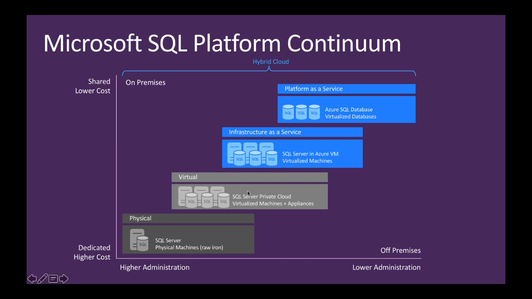As you can see from the bottom left, there is higher administration and higher costs running on-prem. And obviously there is a scalability issue. What do I mean by scalability issue? Each and every time the SQL database needs more performance, the IT administrators have to increase capacity in order to meet the demand.